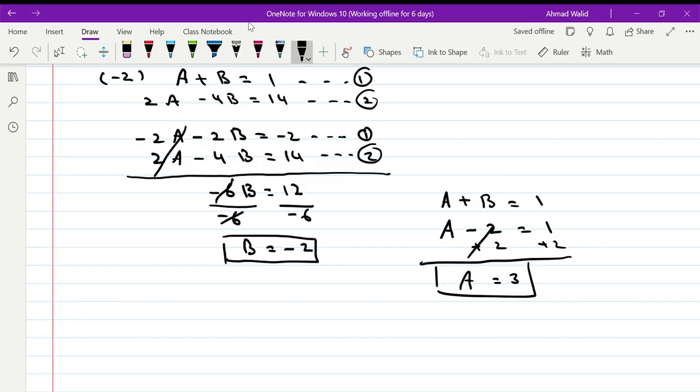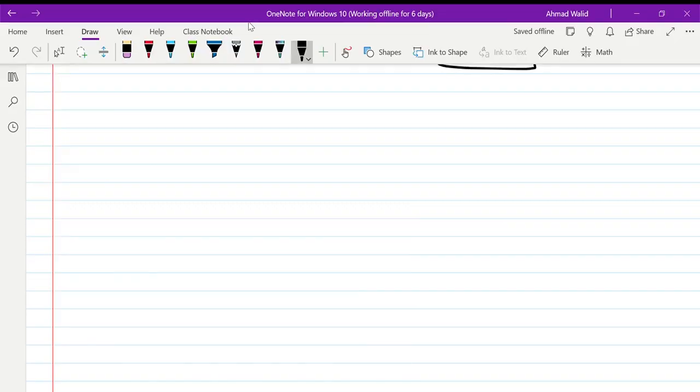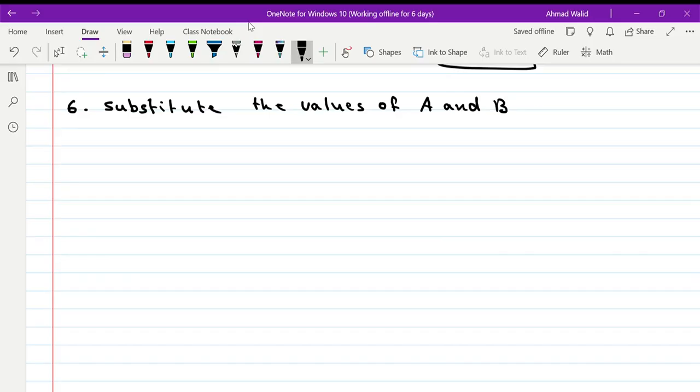Correct? Now, step 6. In step 6, substitute the values of A and B, C, D, however many of them you have, right?